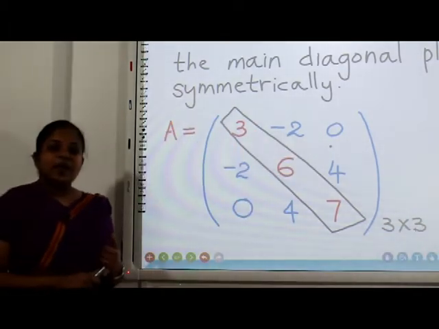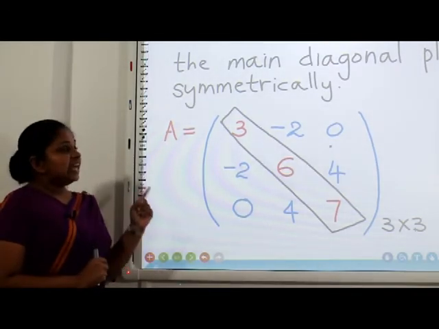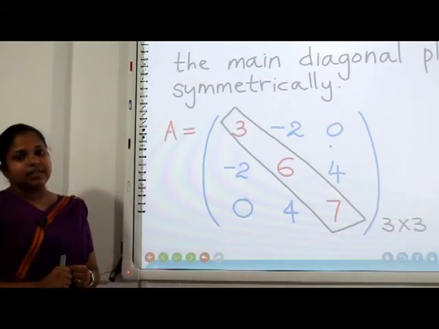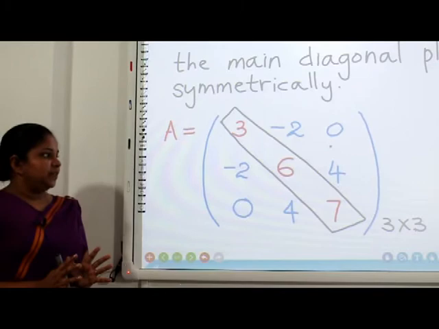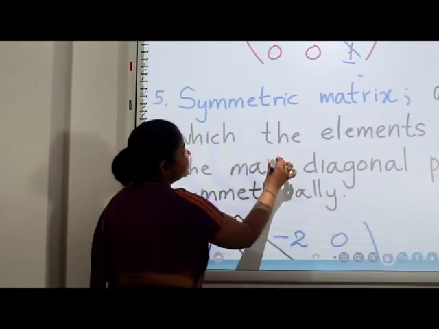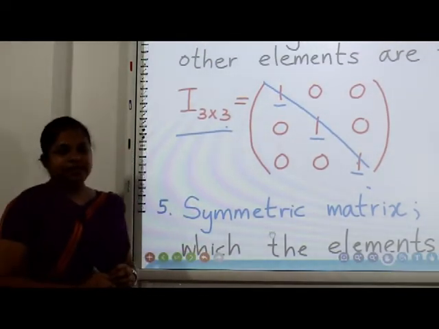Then a symmetric matrix is a square matrix too. What about the identity matrix? Let's move to the identity matrix again. Here is an identity matrix.